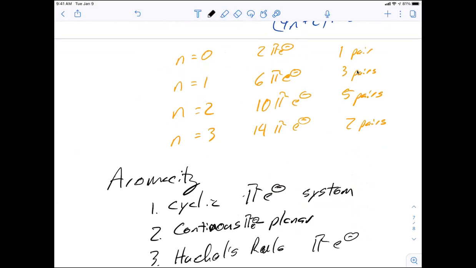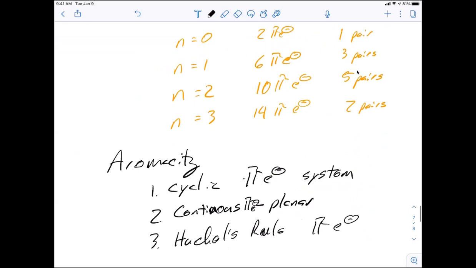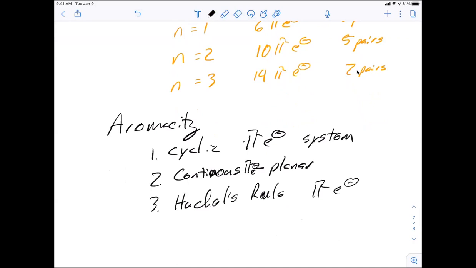If I had a molecule that had 22 pi electrons and it was cyclic and it was continuous, that could be an aromatic molecule. So any integer works. All it's giving you is a series of numbers of electrons.